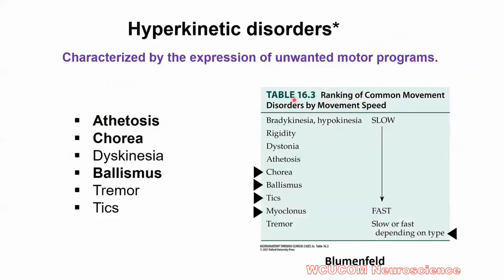In terms of hyperkinetic disorders, at the other end of the spectrum, fast components of abnormal movements, for example, athetosis or the choreiform movements and the ballistic movements of the limbs, but tics, myoclonus would also be listed. There is a faster component, and unwanted motor components break through, even at rest.